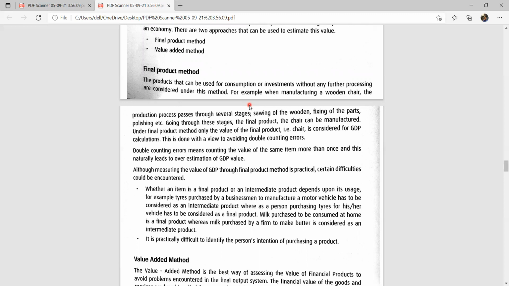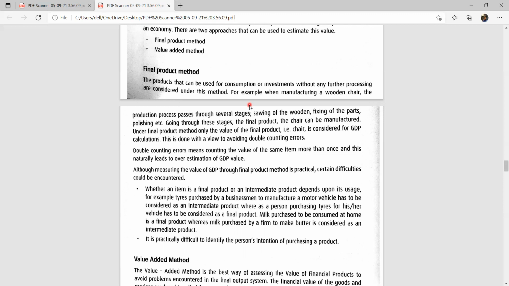A variety of ingredients are included to make a cake: sugar, maybe coloring, as well as flour, wheat flour. Just a few things together. All these are final products of different industries.